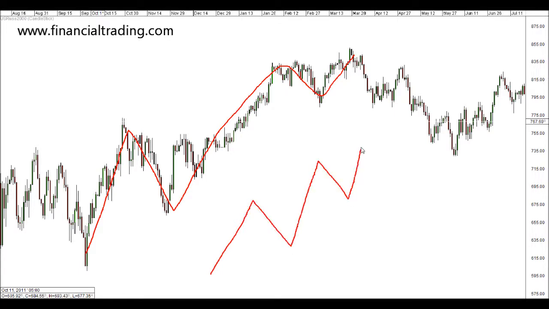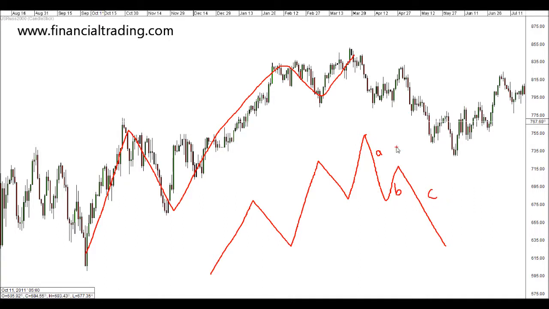We have our 5-3 wave formation. We will then have our ABC correction, the zigzag formation, which could look something like this. We have A, B, and C.